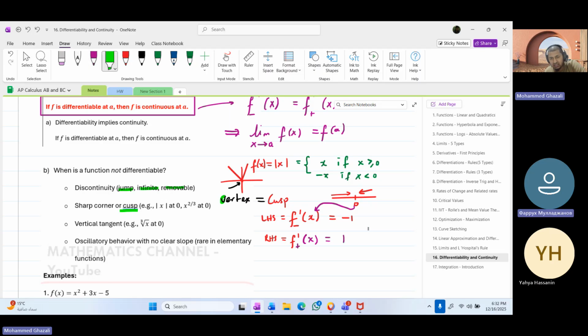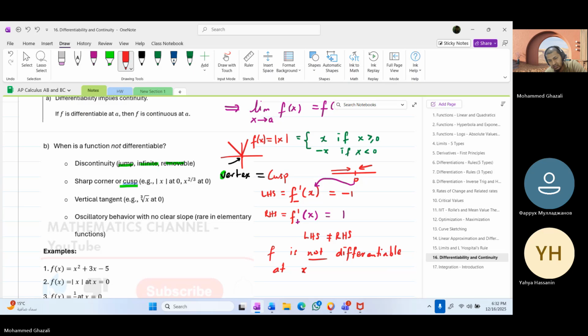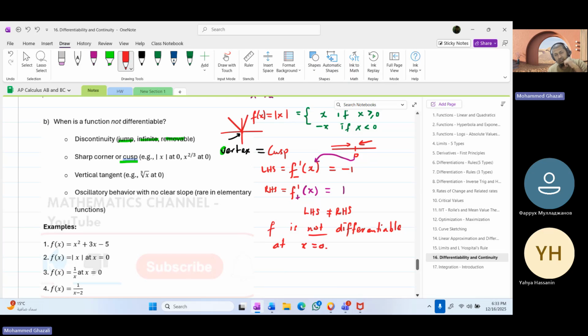You can clearly see the left-hand side is not equal to the right-hand side. So f is not differentiable at x is equal to 0. Why? Because left-hand side is not equal to right-hand side for differentiability.